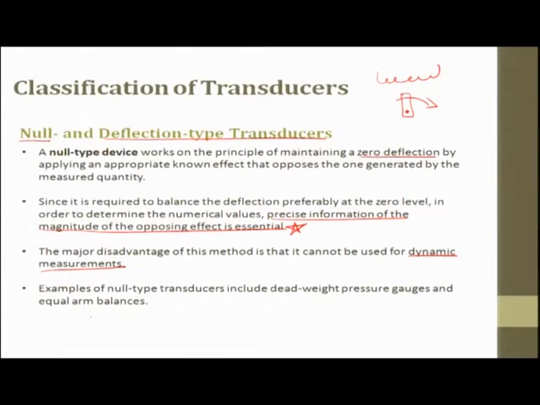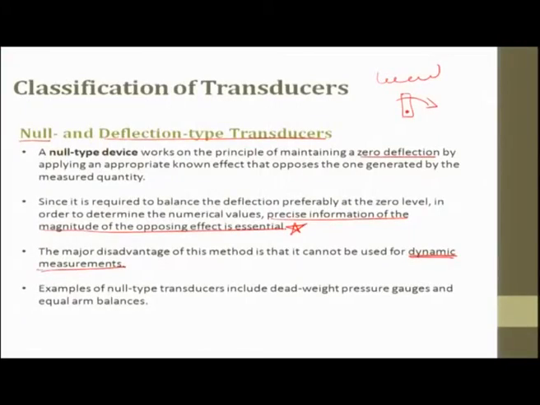There is something called a static measurement and a dynamic measurement. Static measurement is you try to record the maximum value, note it down. Dynamic means how does the response change with respect to time. So, then you have to have a device which is very sensitive, which can measure all the deflections, all the responses, right. So, the major disadvantage of this null type is it cannot be used for dynamic measurement.